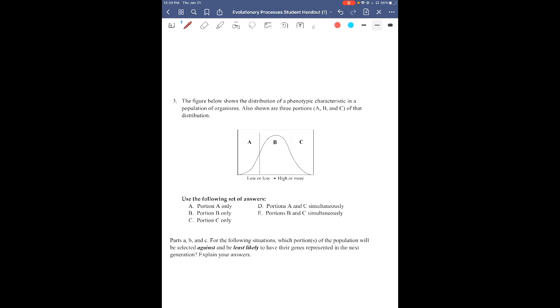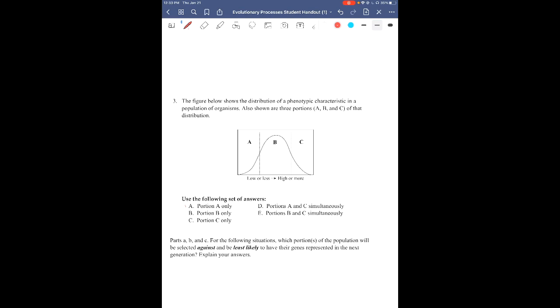We're going to use this set of key to answer the question. We're going to choose whether it's going to affect portion A, portion B, C, or AB or BC. So let's look at some example questions.